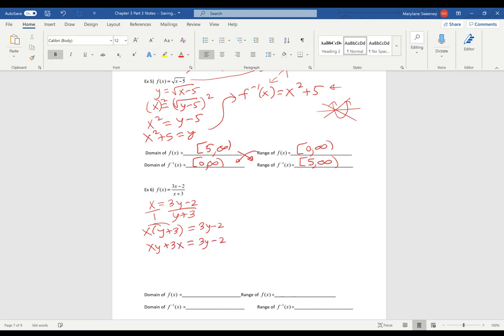So a lot of times people get to this step and then they don't know what to do. So I'm going to put a step 1 here. This is after we've done everything we know how to do. Get every term with a y to one side and every term without a y to the other side.